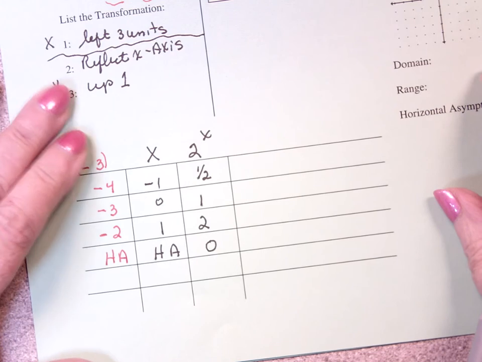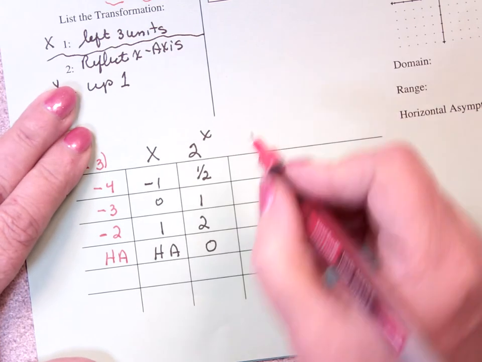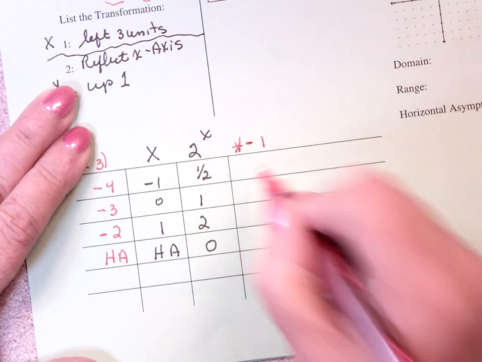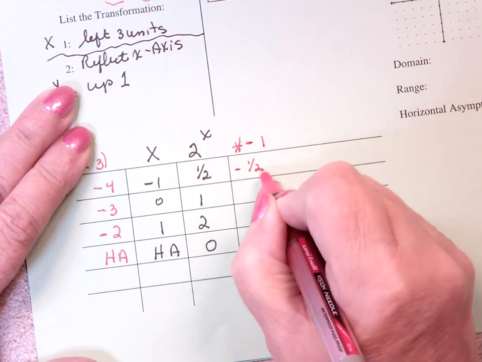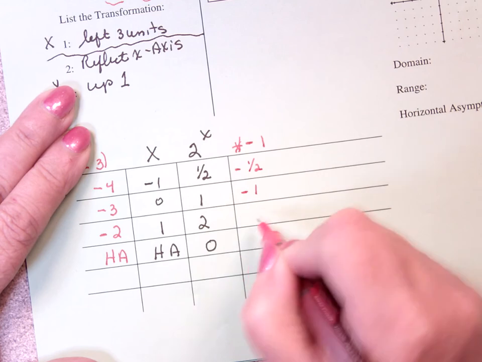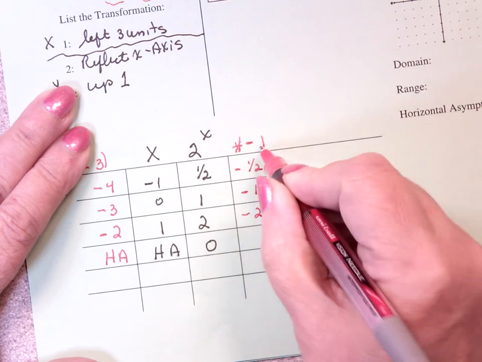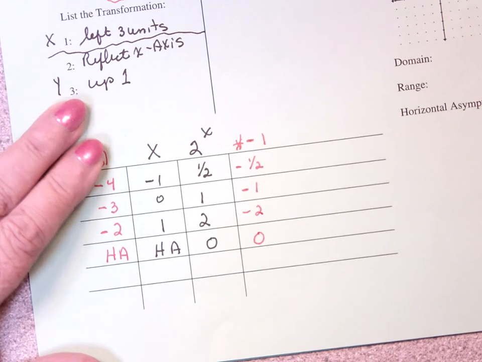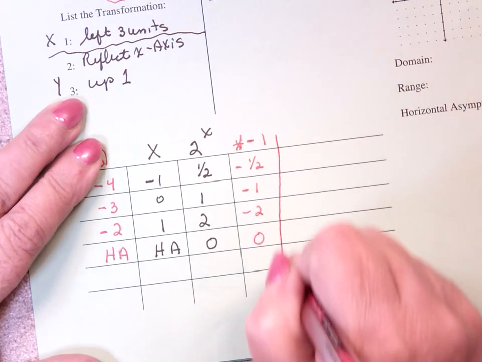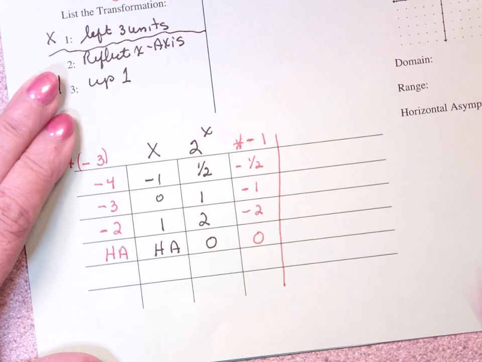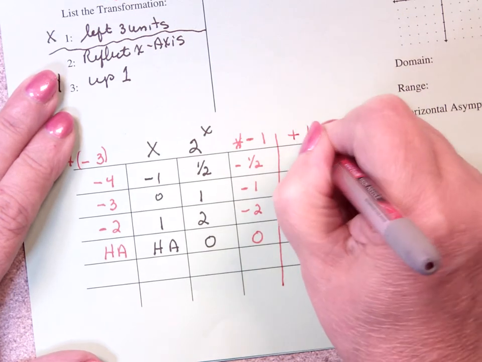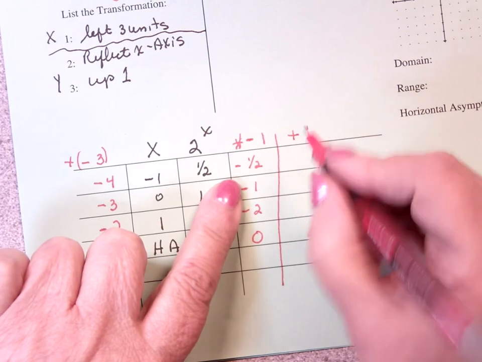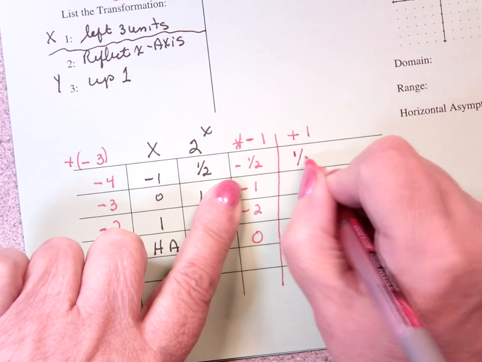And then I'm going to reflect over the x-axis, that's on the y side, so I'm going to multiply by negative 1. So I have negative 1/2, negative 1, negative 2, and negative 1 times 0 is still 0. And then I'm going to move this up 1: negative 1/2 plus 1 is positive 1/2.